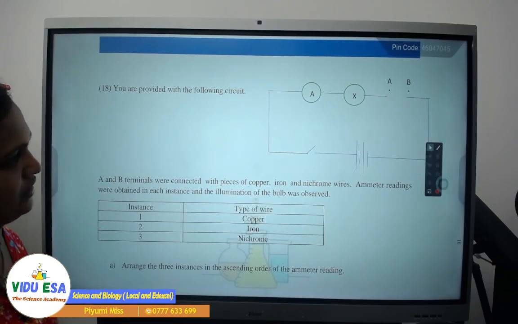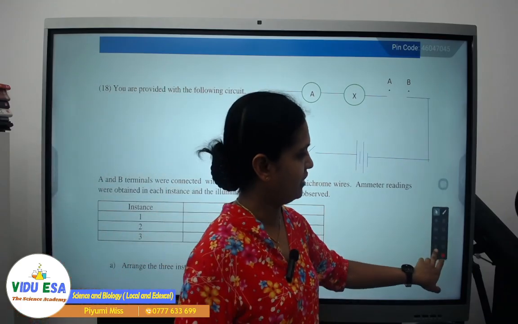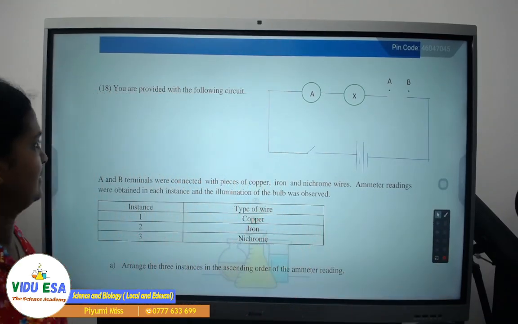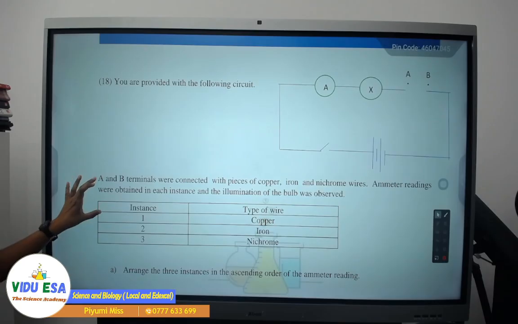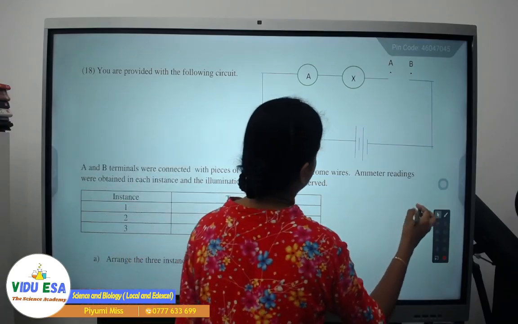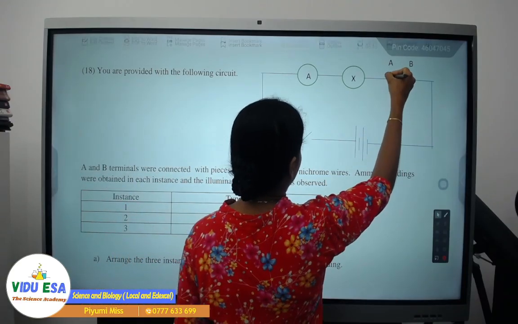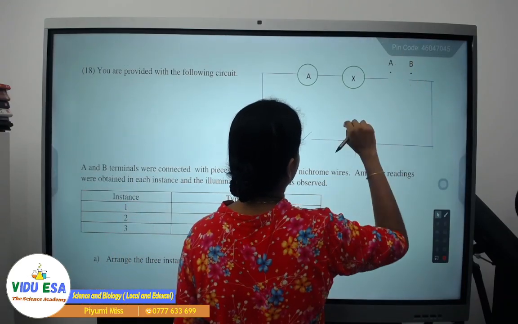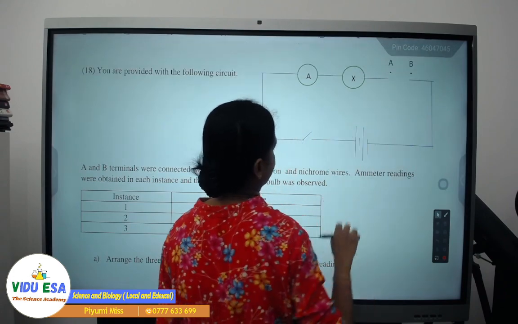If you study only, you will see the homework question. Right. The question says you are provided with the following circuit. A and B terminals were connected with pieces of copper, iron and nichrome. Mark A and B here.